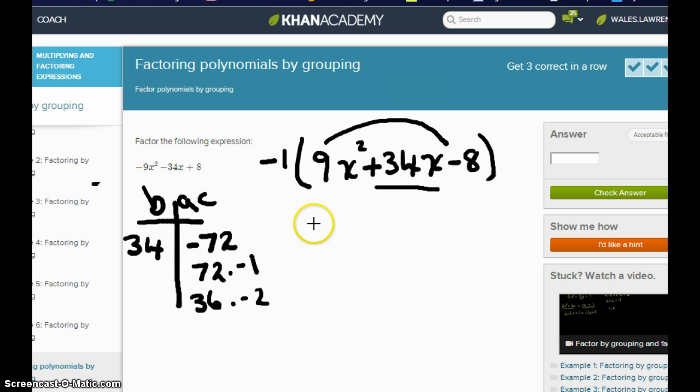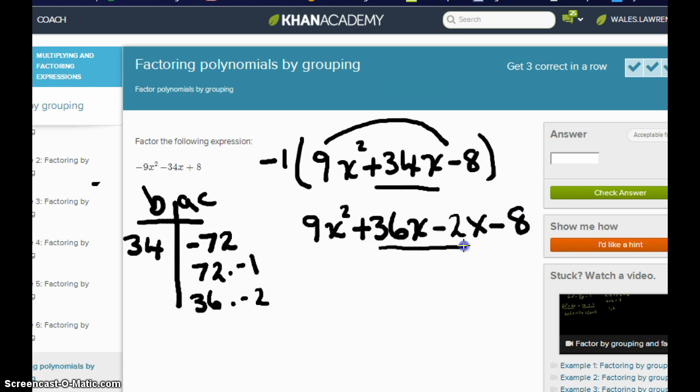Great. So now I can come back in and I can rewrite this as 9x squared plus 36x minus 2x and then minus 8. And again, the 36x minus 2x is the same as writing 34x. Now I'm just looking for factoring.